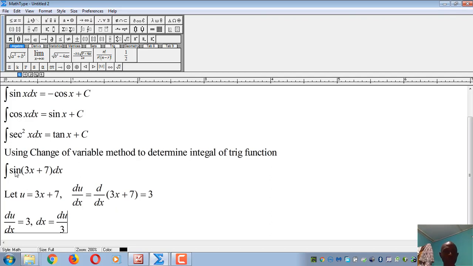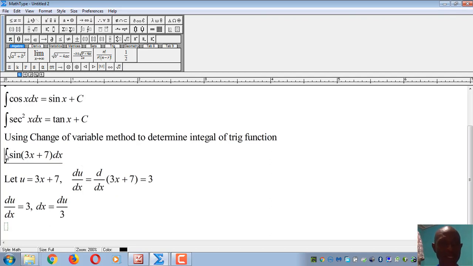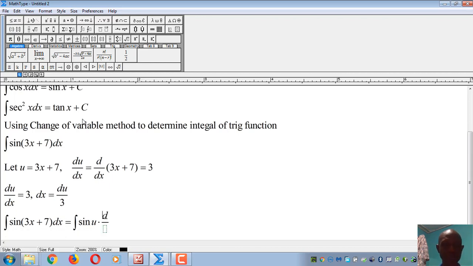So now we have to rewrite this. This will now become sine u, and instead of writing the x, we are going to write the u with 3. This 3 we can bring out.